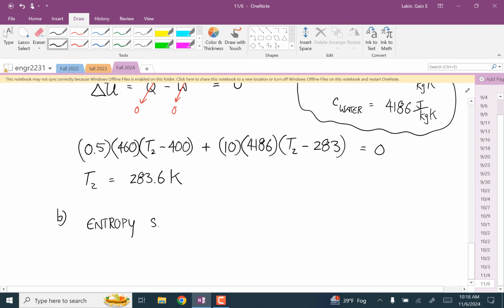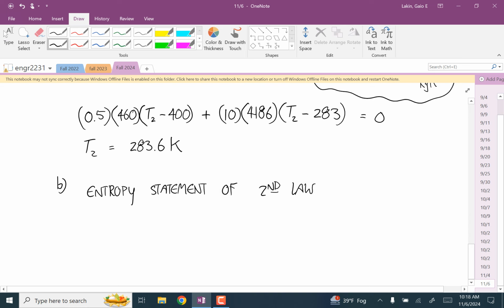And so the entropy statement of the second law says that since this system is isolated, the change in entropy of the steel plus the change in entropy of the water has to be greater than or equal to 0.